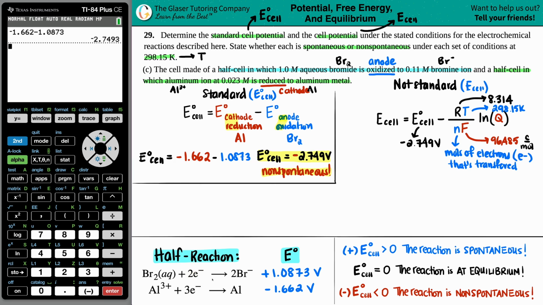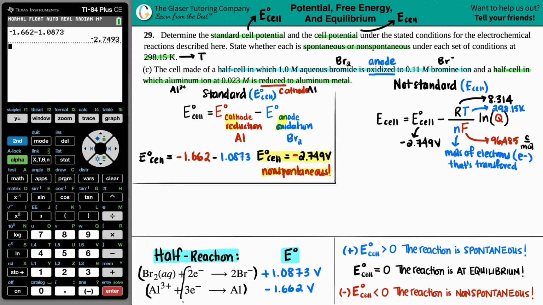But unfortunately here, I have 2 electrons and 3. In order for this to work, I have to have the electrons being the same in order to be transferred. One can't transfer 2 and the other accept 3. That wouldn't make sense. There are no electrons that are not accounted for, so the number transferred has to be the same. So you say to yourself, what can I multiply these equations by to get the same number of electrons?